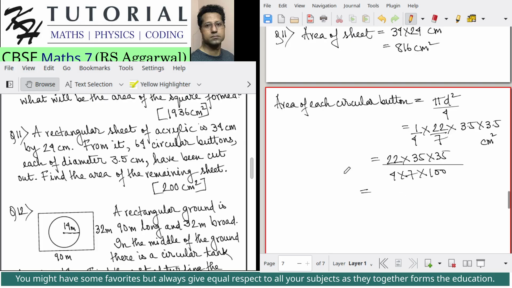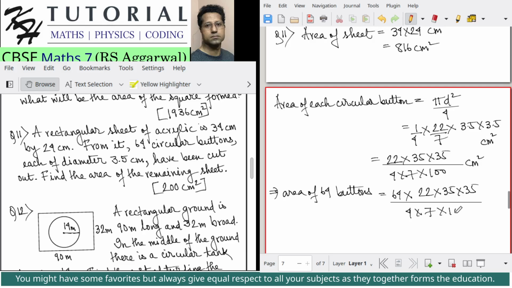Okay, so this is the area of each circular button, and how many circular buttons are cut out? 64. So the area of 64 buttons is equal to 64 multiplied by 22 multiplied by 35 multiplied by 35 divided by 4 multiplied by 7 multiplied by 100. This much centimeter square.